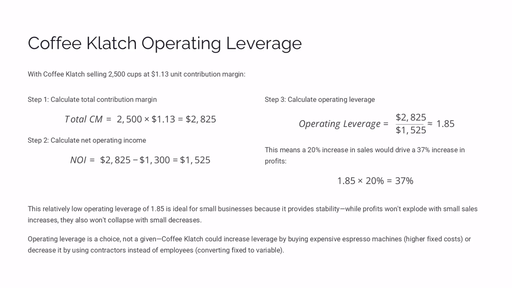The advanced application that will separate you in interviews is understanding operating leverage cycles. Businesses naturally evolve from low leverage startups, mostly variable costs, to high leverage growth companies, investing in fixed infrastructure, to moderate leverage, mature companies, balanced structure, and identifying where a company is in this cycle reveals their strategic priorities.